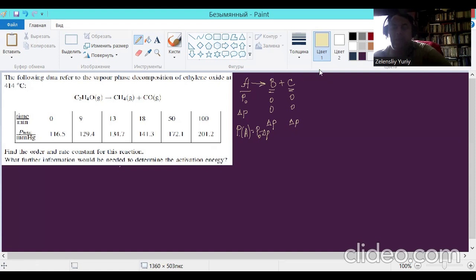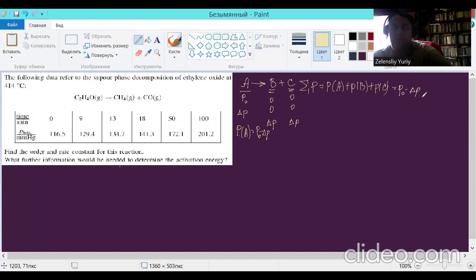Now, we remember that whenever we deal with a gaseous mixture, the pressure of the mixture, sigma P, is equal to the sum of the partial pressures of the components. So it means P of A plus P of B plus P of C, right? We know that at moment t, the partial pressure of the reagent is equal to P0 minus delta P, right?